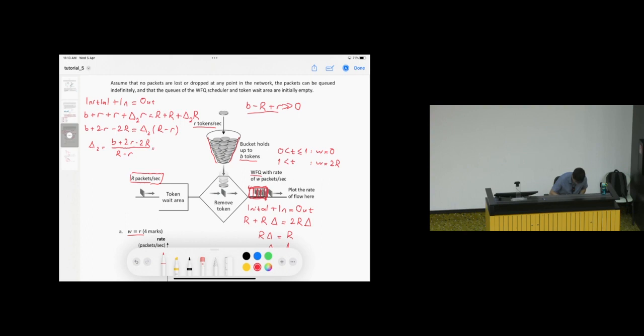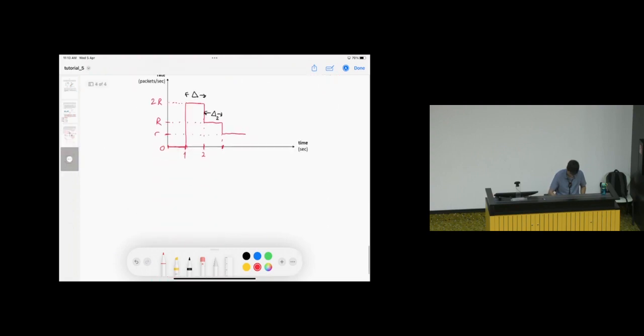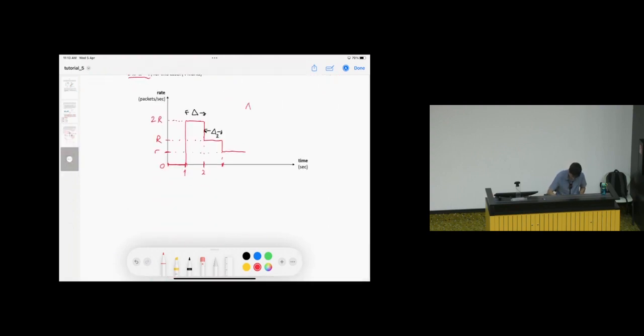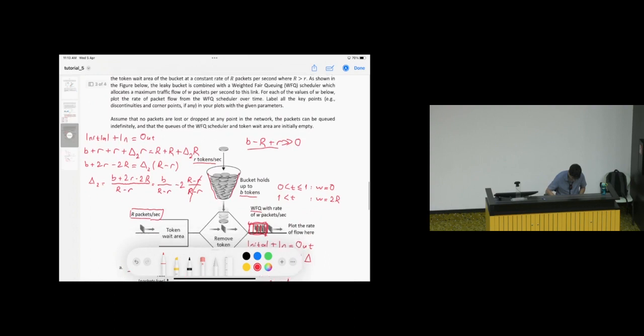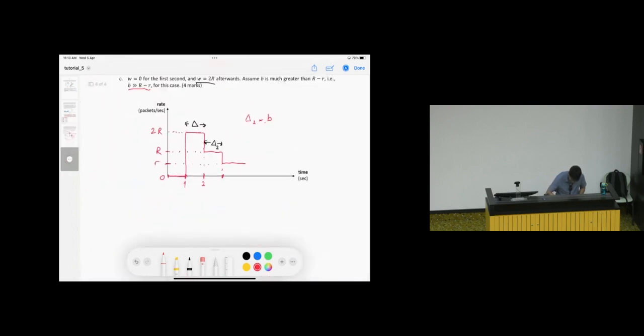So I can also write this as B over capital R minus r minus 2 times (capital R minus r) over (capital R minus r). So this thing cancels out. So I have B over capital R minus r minus 2. So my delta 2 is B over capital R minus r minus 2.